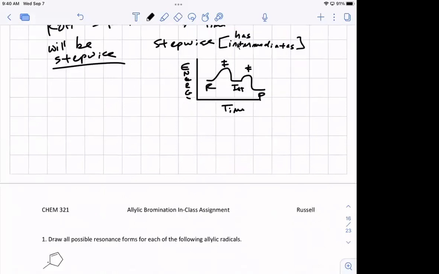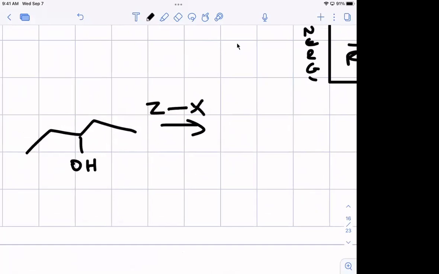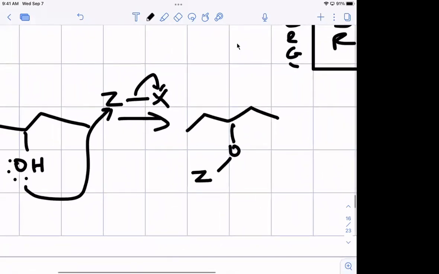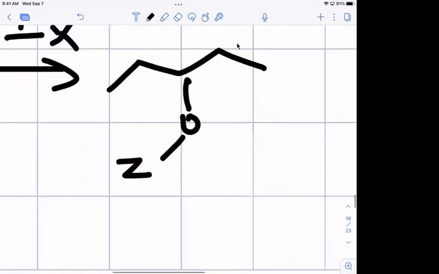So a generic mechanism is going to look like this. Let me take the same alcohol from up top. You'll see this in the video to reinforce it when I send that out. So you have some halogen source, and your alcohol is going to act as a nucleophile and react with that. Whatever the counter ion or the substrate is, where the halogen is, it's going to end up here.